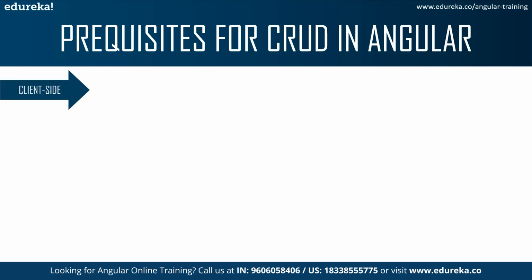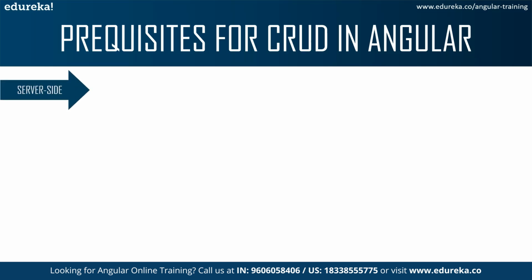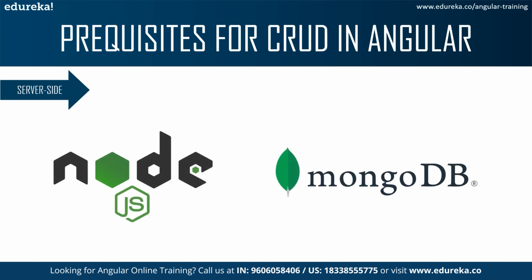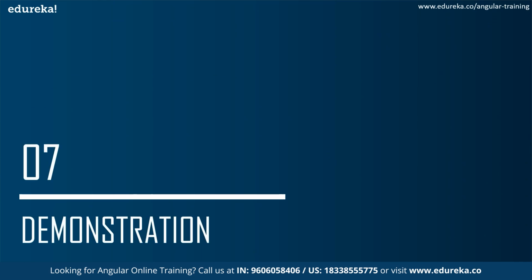Now, make sure your NPM package has been installed and Angular CLI latest version is installed in order for us to run our application with ease. Now, next we have server side. On the server side, I'll be using Node.js and MongoDB. So here, you don't have to worry as I'll be showing how to set up your MongoDB in your system. Now with that, let's proceed to our demonstration.